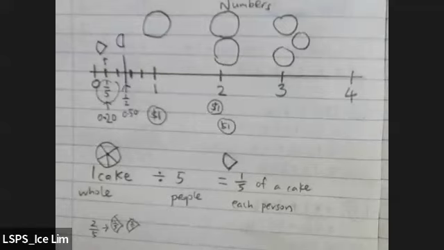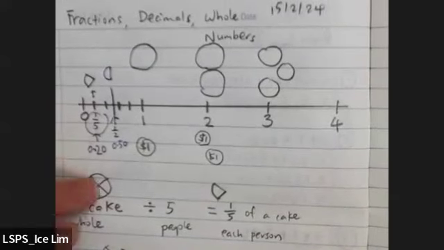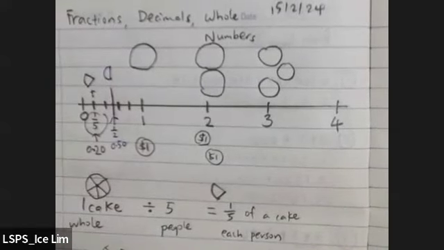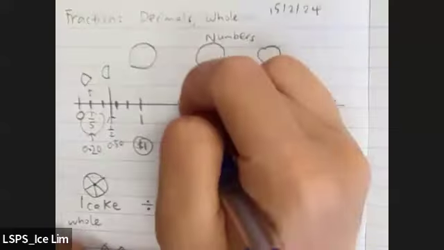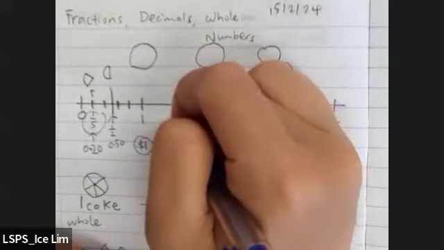Now on the same number line here, can you find where $1.50 is? In the middle, in between $1 and $2. Is it okay?